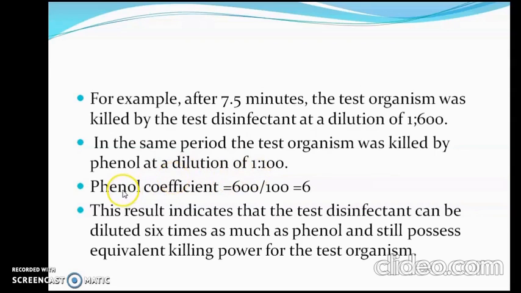So we can calculate the phenol coefficient by dividing the dilution of the test disinfectant by the dilution of the phenol, that is 600 by 100, and we get the answer as 6. This result indicates that the test disinfectant can be diluted 6 times as much as phenol and still possess equivalent killing power for the test organism.